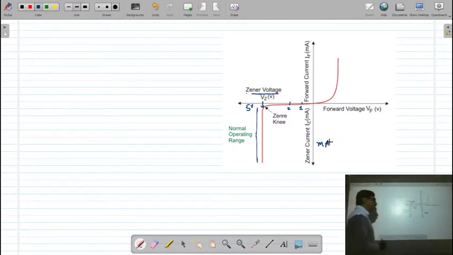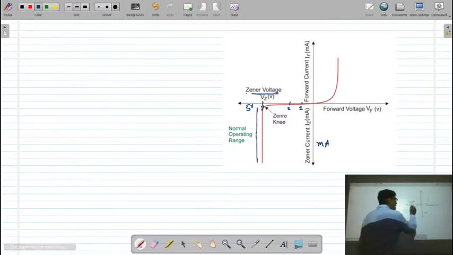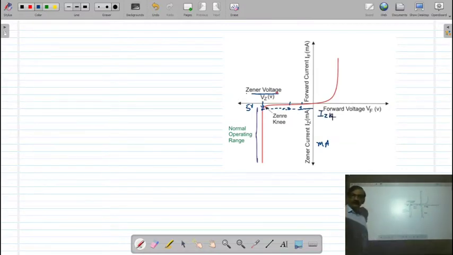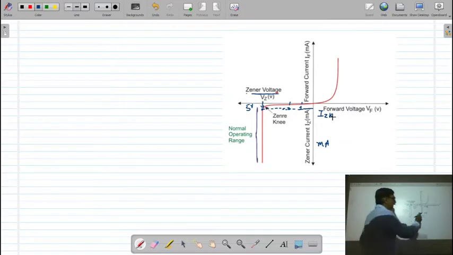Now we have to look at this. Whenever the breakdown is occurring, the current flowing in the Zener diode at that time we call IZT, the knee current. Here we have this kind of a knee, and at that time the flow of current is the knee current.